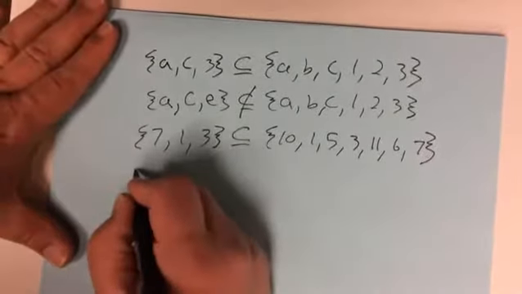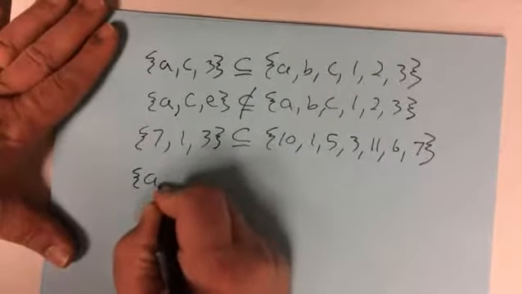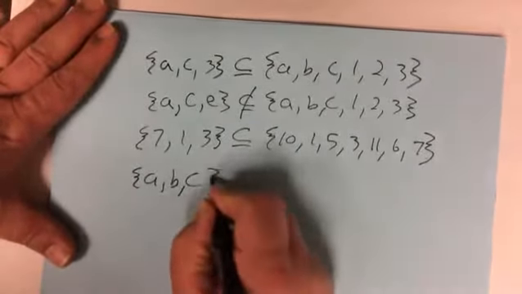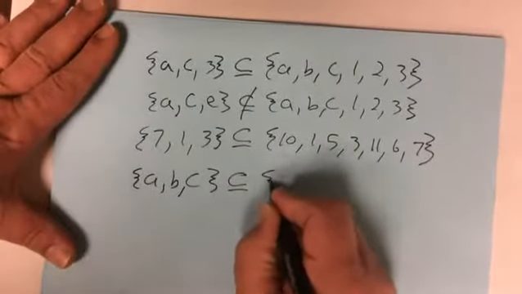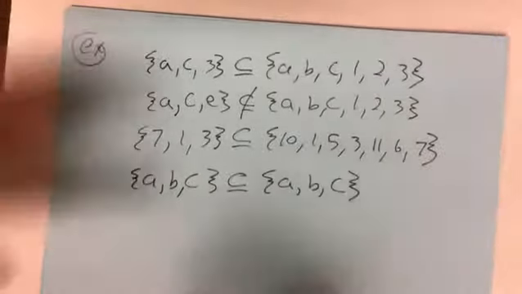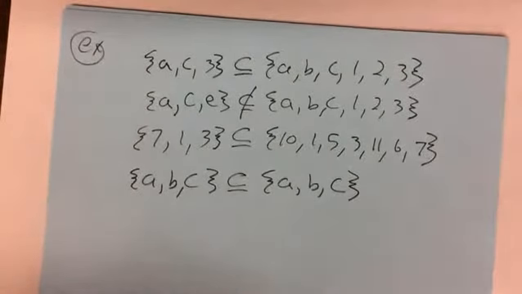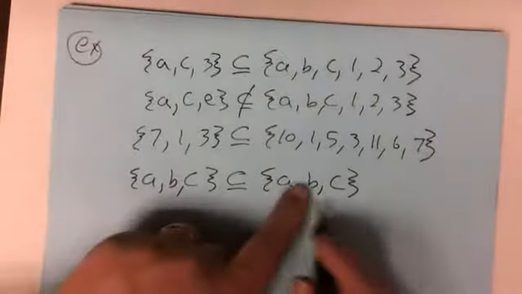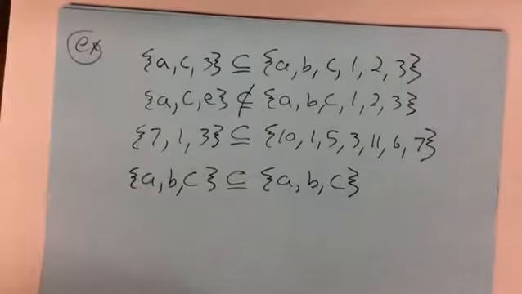So what about the following one? What if I said A, B, C is a subset of A, B, C? What do you think? At first you might think, no, it's not, because this isn't a smaller group contained inside a larger set.